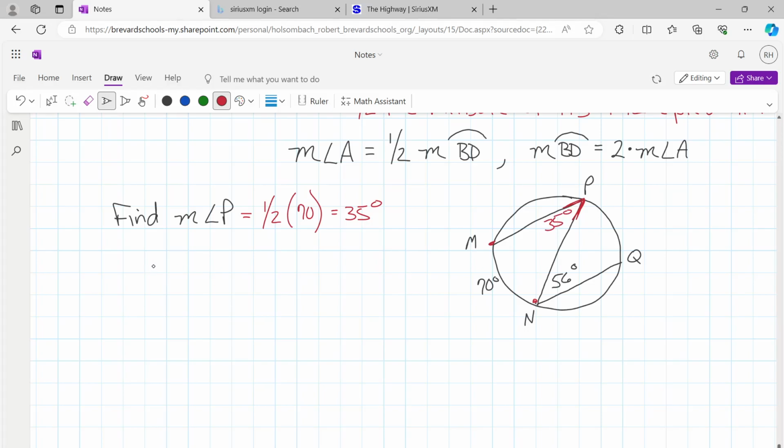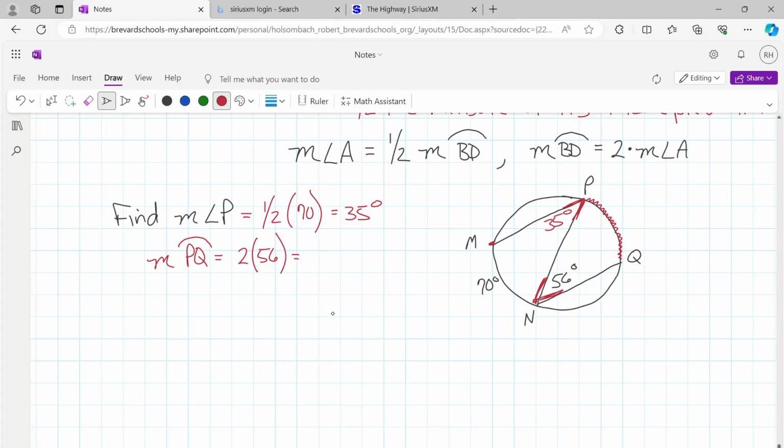If we need to find the measure of arc PQ, since we know this angle measure here, angle N is 56 degrees, and PQ is its intercepted arc, then the measure of arc PQ is equal to 2 times 56.